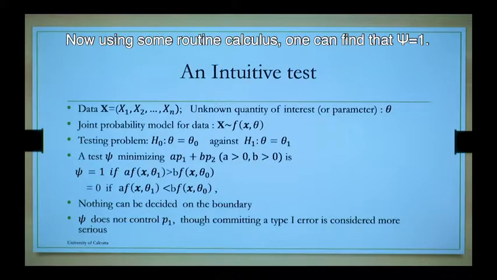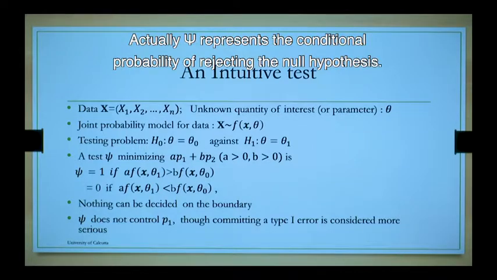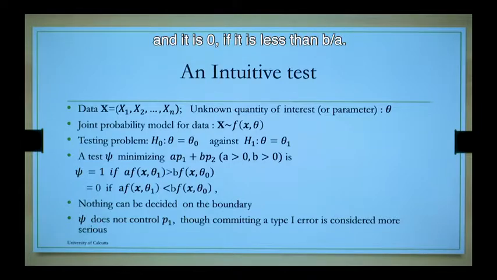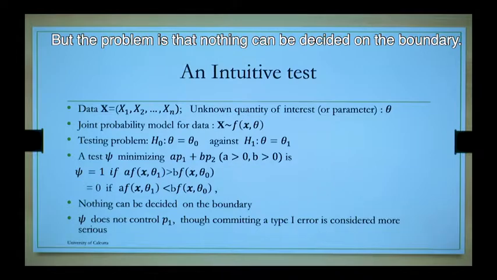Now, using some routine calculus one can find that this psi equal to 1, where psi represents the conditional probability of rejecting the null hypothesis. So, psi equal to 1 if the ratio f_X(x; theta 1) divided by f_X(x; theta naught) exceeds b by a, and it is 0 if it is less than b by a. But the problem is that nothing can be decided on the boundary.